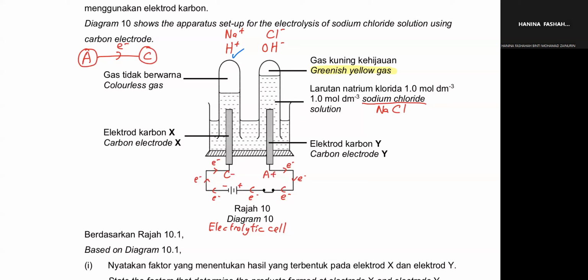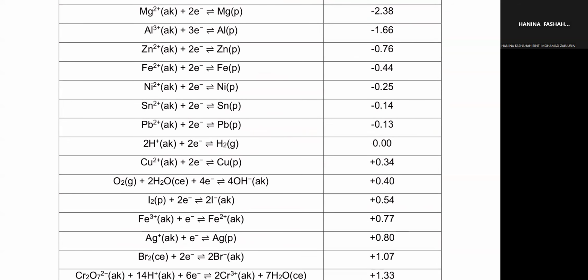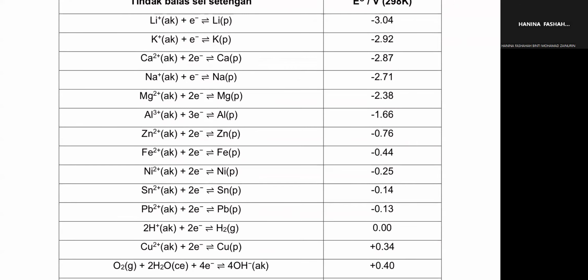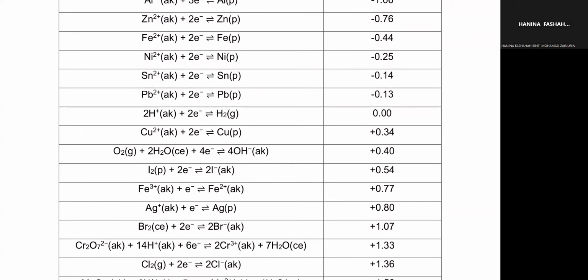If you look at the table, normally in exams I don't think they give this, but in this paper they give it because it is quite important and relates to the next question. So Na plus is negative 2.71. Remember, if you want to choose the cathode, always choose the more positive one, meaning the one at the bottom.